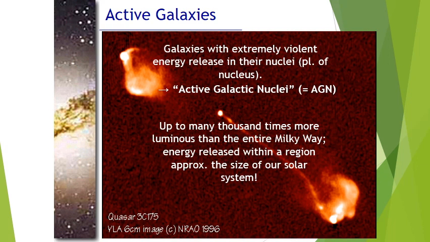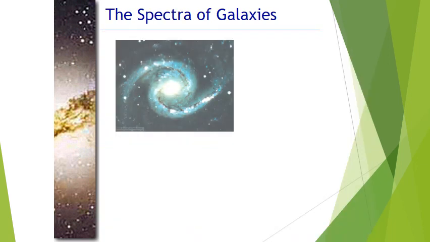Clearly, if there is a black hole at the center, there must be material falling into the center that is being heated up and producing an especially energetic type of light, X-rays, gamma rays, etc. In order that that nucleus is actually producing way, way more light at the center than our entire Milky Way galaxy might be producing.